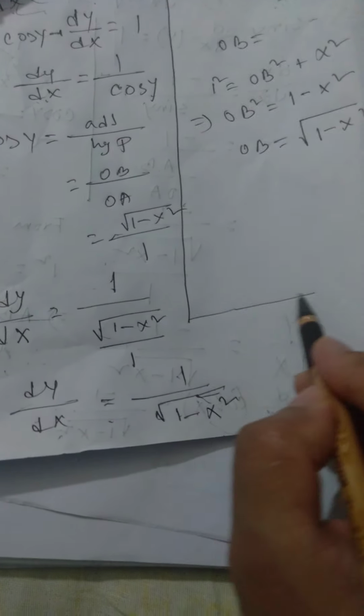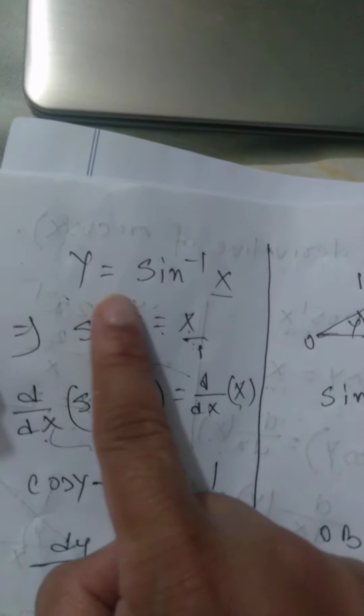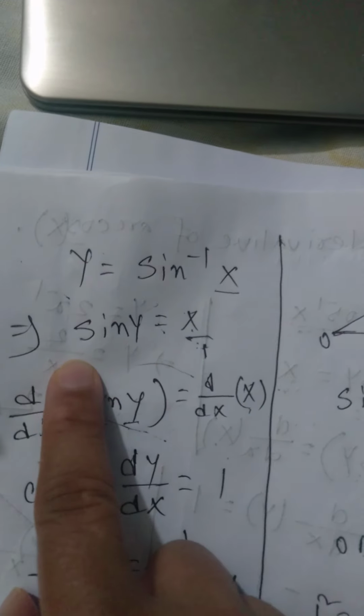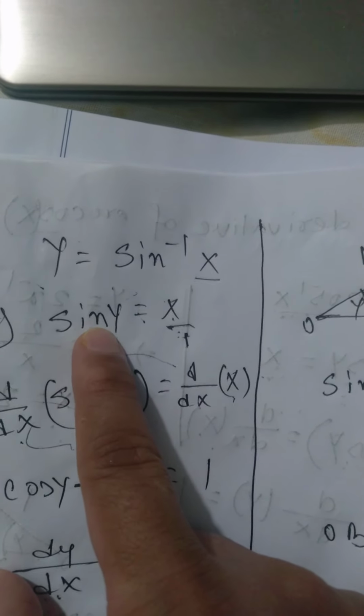This is the way to find the derivative of sin inverse x or cos inverse x or anything, tan inverse x, cosec inverse x. You don't have to memorize, you just have to know how to draw this diagram. If we write y equals sin inverse x, it becomes sin y equals x. This x is not the angle of sine, this y is the angle of sine.